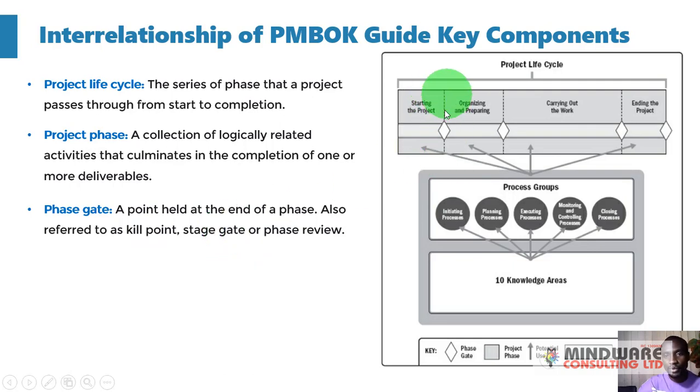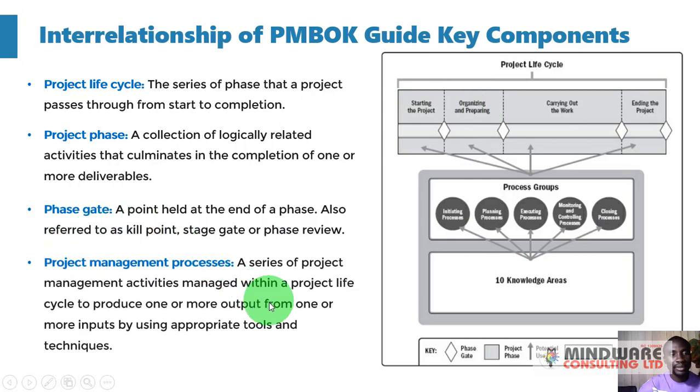For example, here now, this line that you're seeing here is a phase gate. It is the end of this phase when the output or the deliverables are ready, and they are ready to be moved into the next phase. So that's what we call phase gate.